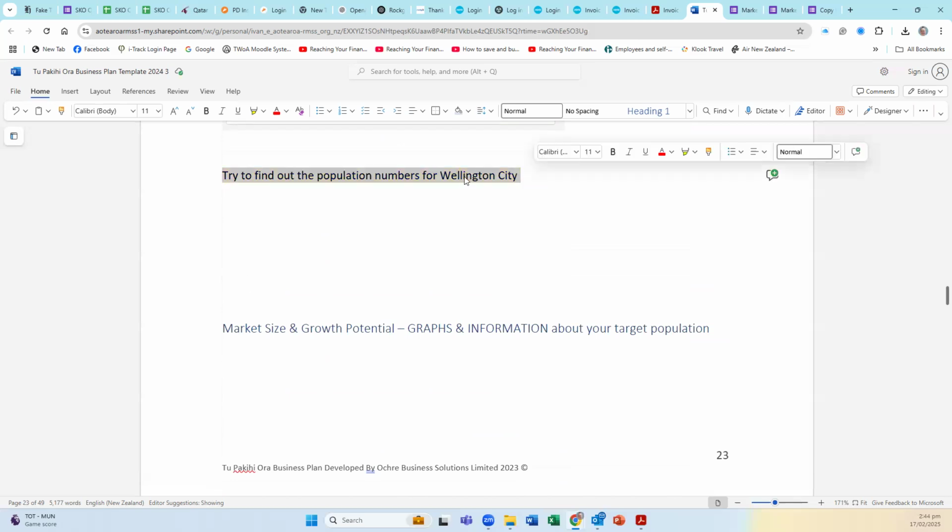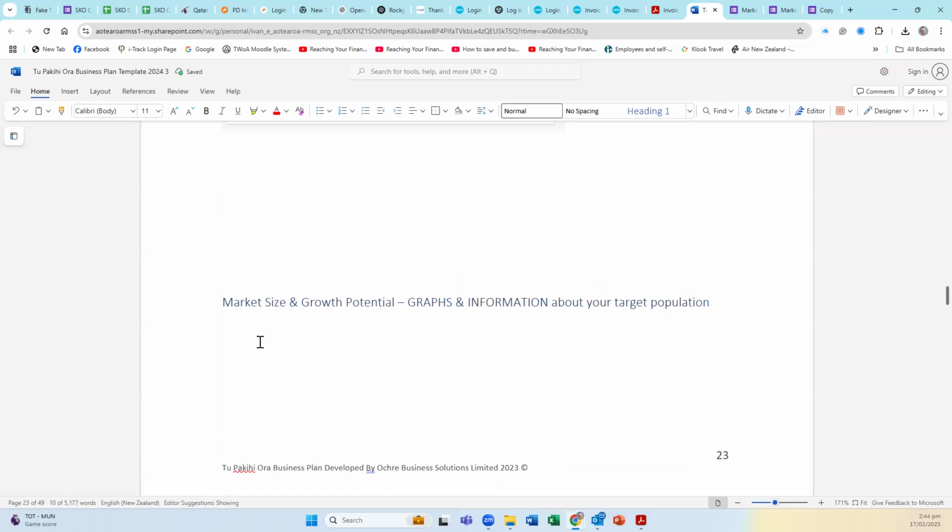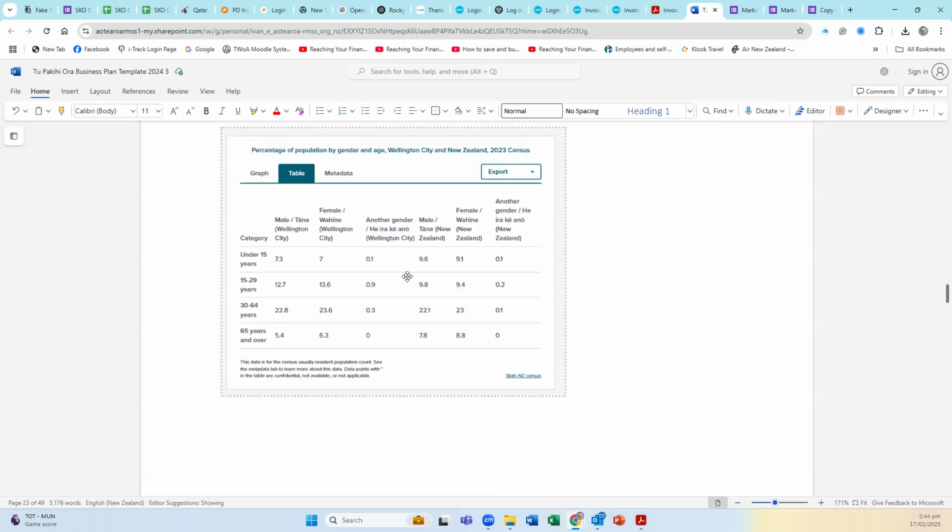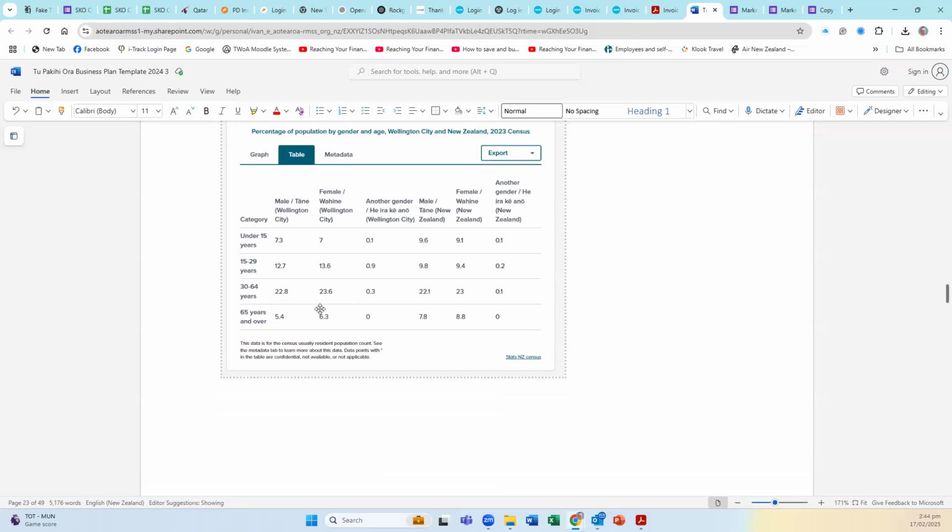Because if we know, for example, if the population of Wellington is like 100,000, then 23,000 of them will be women aged between 30 and 64. So that gives you an understanding of how big your market size is.